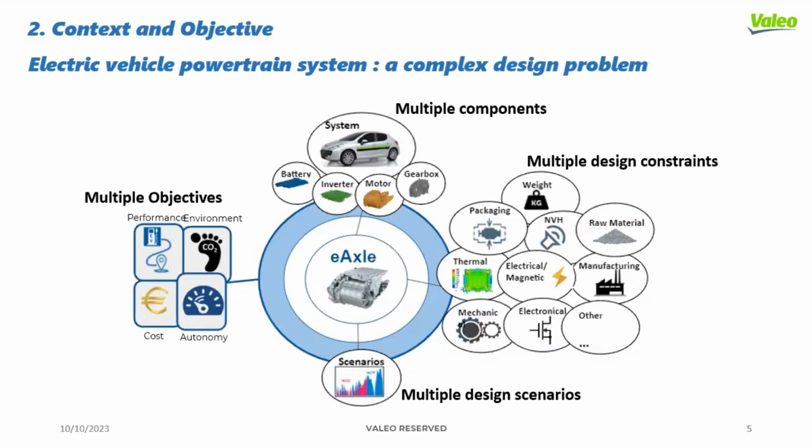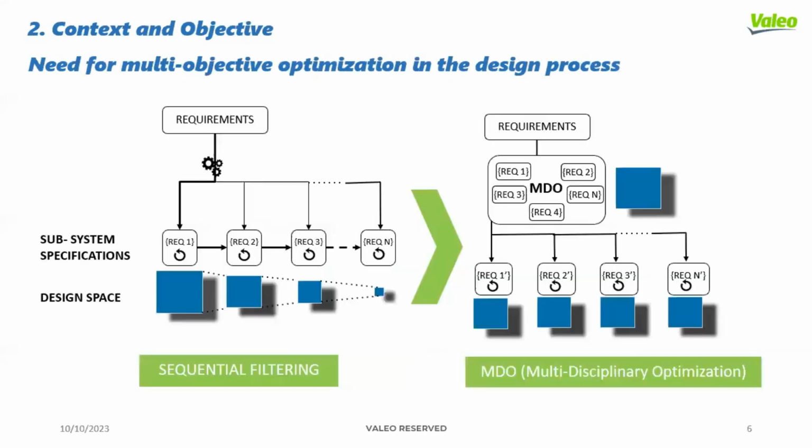And then we need to respond to different design scenarios. So how can we take into consideration all these constraints? The idea is choosing to go to a multidisciplinary optimization. Now we receive requirements from the client.